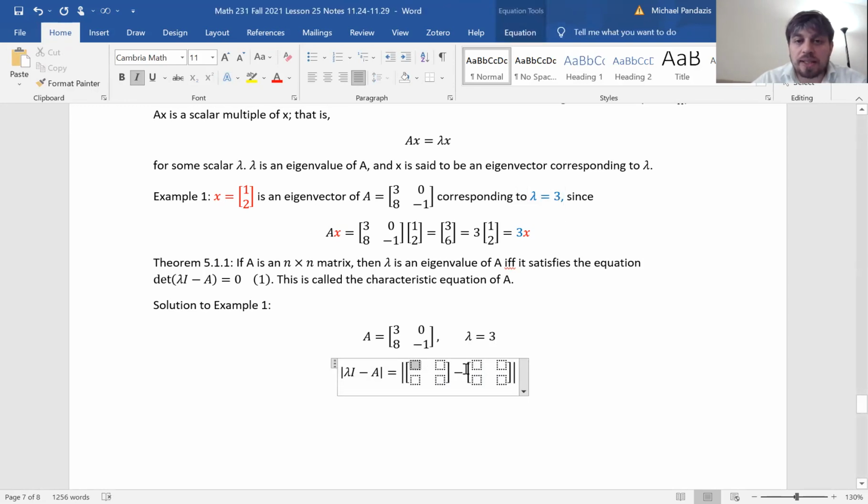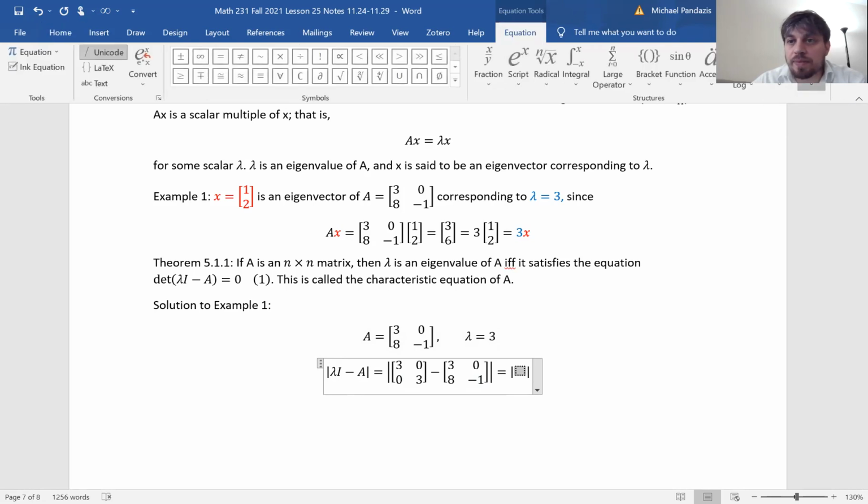So lambda I would be 3 times I, so that'd be 3, 0, 0, 3. That's lambda I, minus A, which is 3, 0, 8, negative 1. You want the determinant of that.